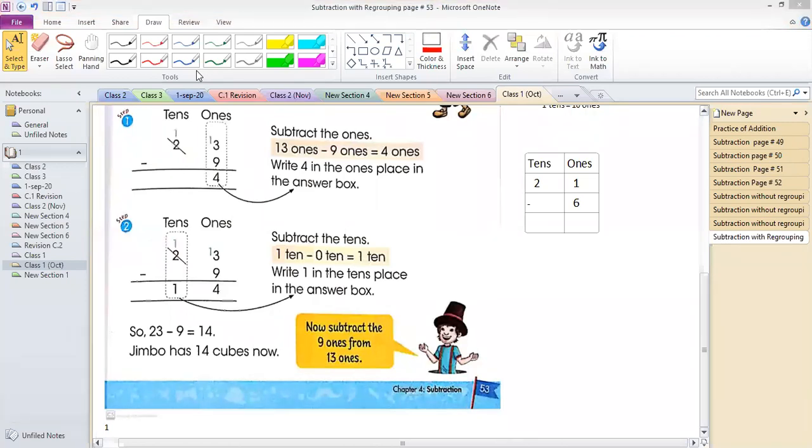What I'm asking, only answer that. I don't need the full answer. Just tell me, can I subtract 6 from 1? Yes or no? Can I minus 6 from 1? No.